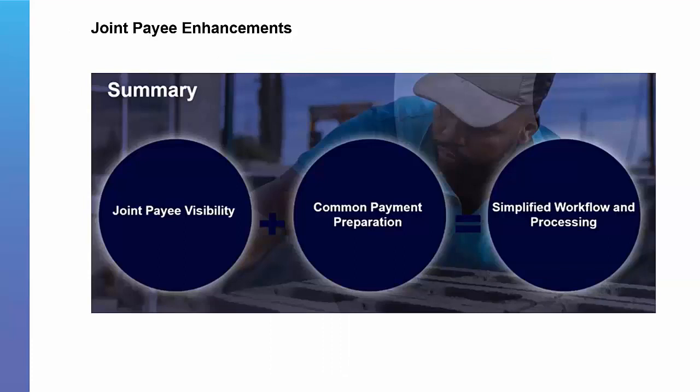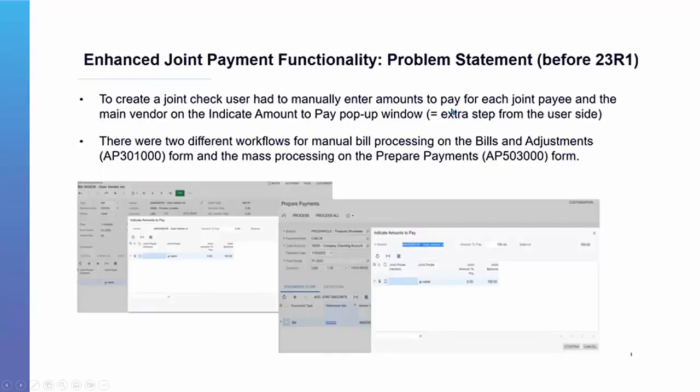All right, additional functionality improvements for joint payees. So in the past, it was a little bit complicated to get the joint payee information entered, and then also in the printing process for the joint payees. So what Acumatica has now done in 23R1 is that there is no longer a separate pop-out screen that has to be entered for the joint payee information.